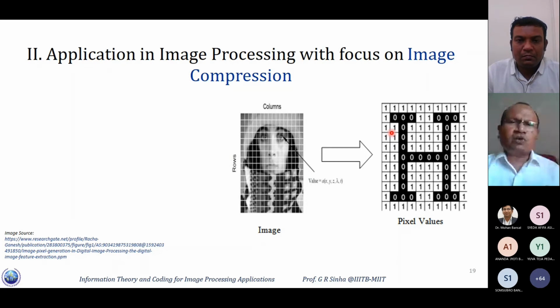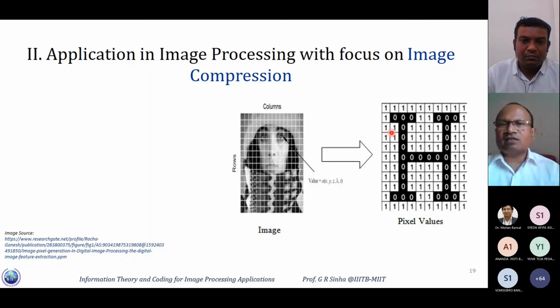When you capture a photograph using your camera, what happens? You capture the continuous image, a natural photograph, and store it inside the computer. Once you store it inside the computer, it becomes digital. Because when you put a cursor on that, it tells you 1 megabyte, 2 megabytes, because it has a certain number of pixels in rows and a certain number of pixels in columns.